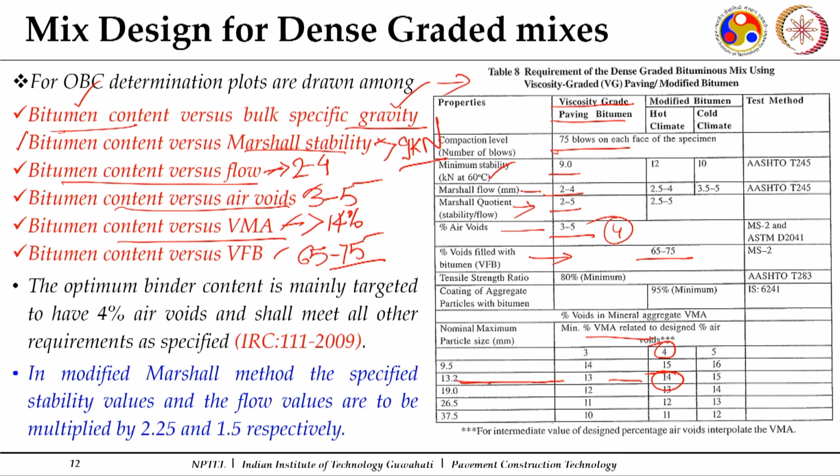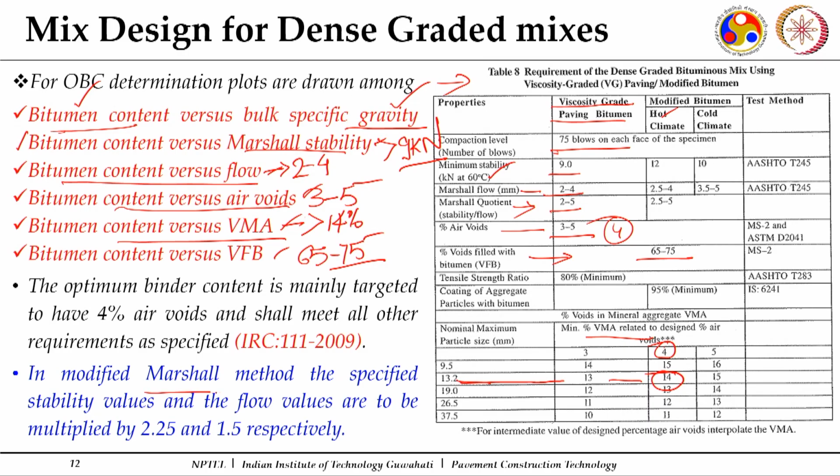So, I need to pick a binder content which meets all these requirements stated for a particular mix. For modified bitumen, certain requirements are also given which are slightly different from those for viscosity grade binder. This is when the standard Marshall method of mix design is used.